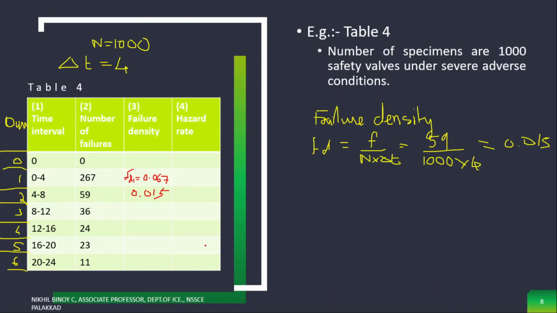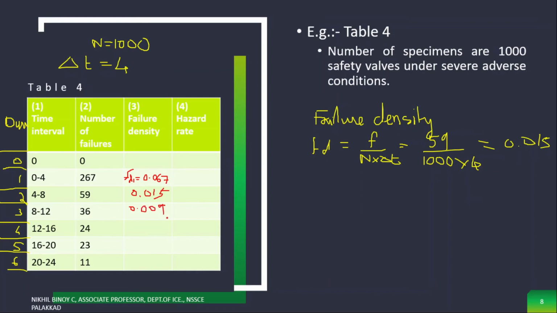Now we can find FD corresponding to the third duration. For the third duration, the number of failures is 36. So 36 divided by 1000 into 4 is 0.009.